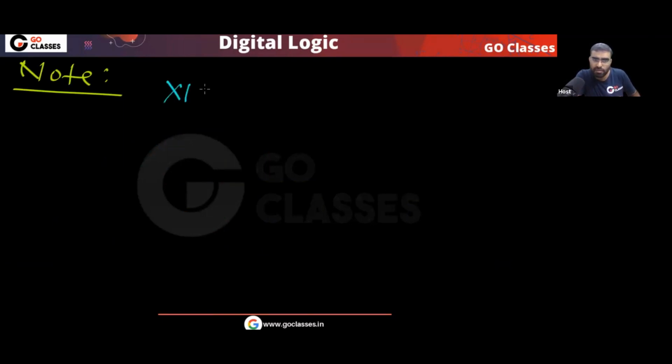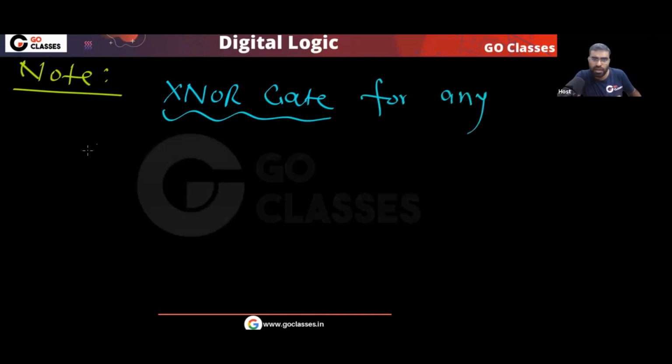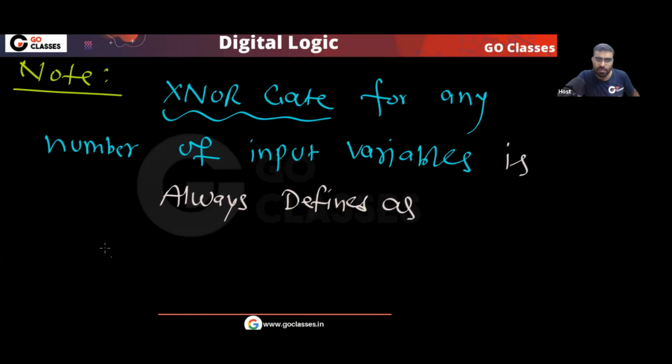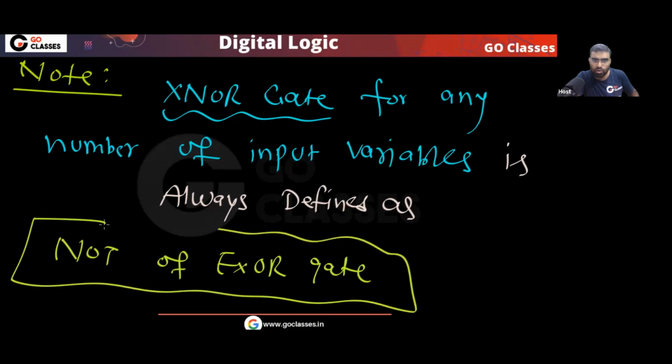So this is the simple point: whatever number of input variables you take, this XNOR gate, for any number of input variables, does not matter, is always defined as not of XOR gate.